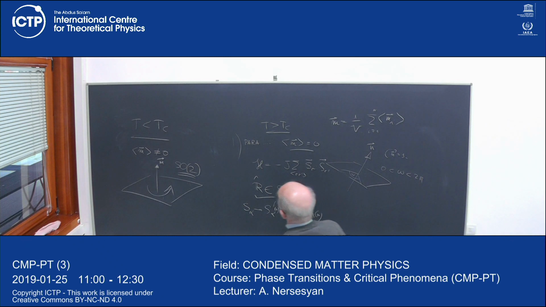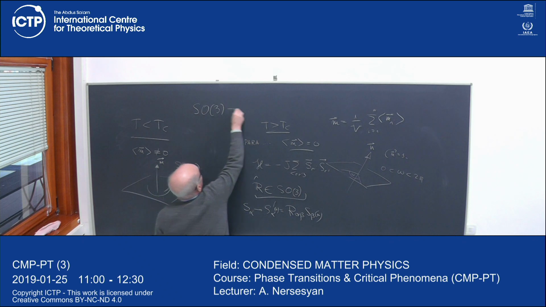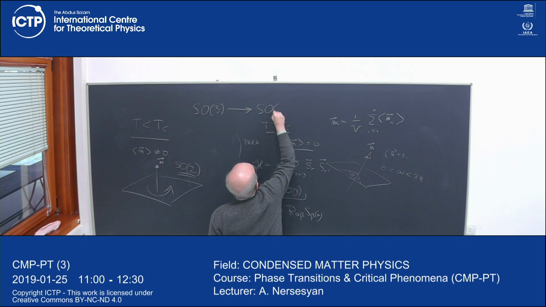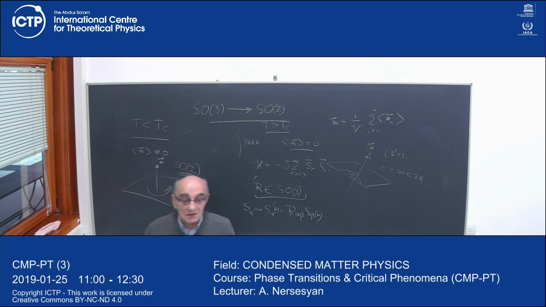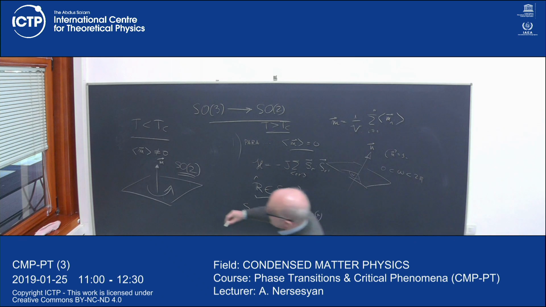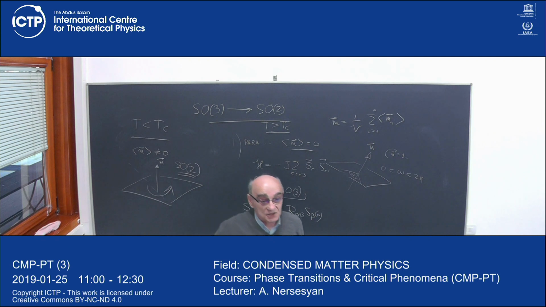So the symmetry of the solid phase, which was SO3, breaks down to symmetry SO2. And SO2 is a lower symmetry because it only allows you to rotate around the fixed axis. You cannot rotate around any other direction. Suppose you do, because M will start rotating, and then you're changing the ground state. You are forbidden to do so.